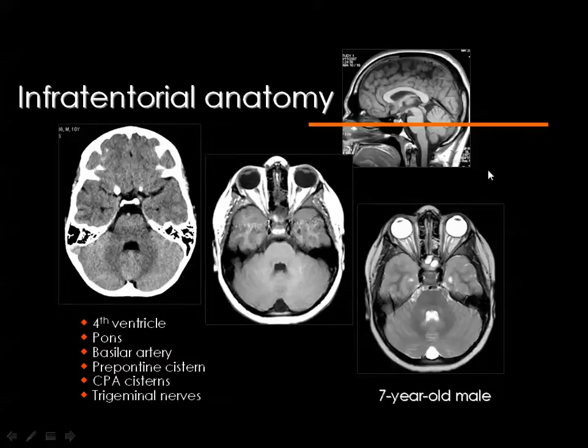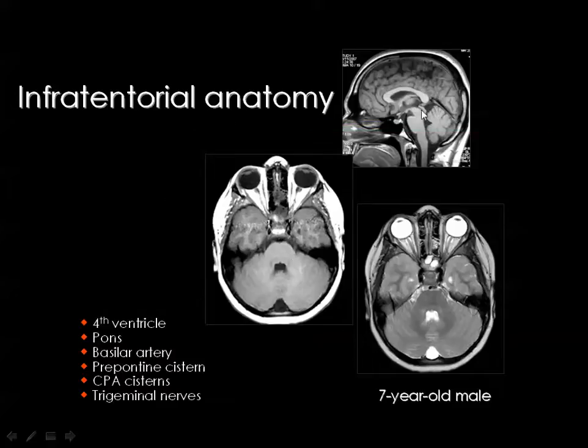If you look at the sagittal image, you can see that this is the fourth ventricle. Anterior to the fourth ventricle, the brainstem is present. Posterior to the fourth ventricle, you can see the cerebellum. The fourth ventricle is large at its middle part, and it is small inferiorly and small superiorly.